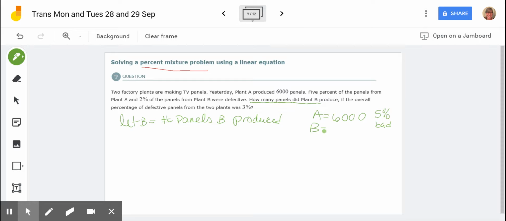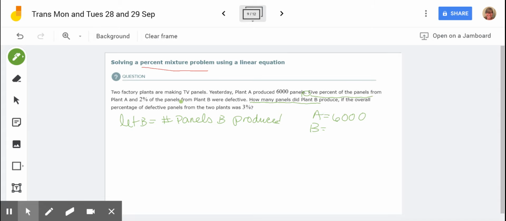B, 5% of the panels from plant A. Oh, no. Plant A produced 6,000. Read the dang question, Miss Baca. Okay, plant A produced 6,000 panels, period. See that period? That means stop writing and don't do silly things like anticipate.